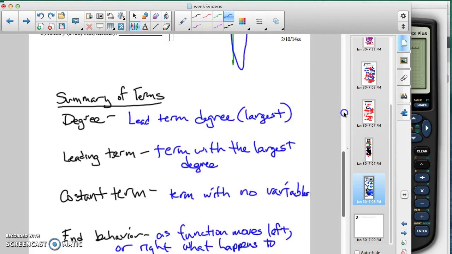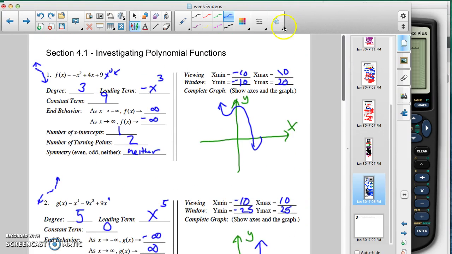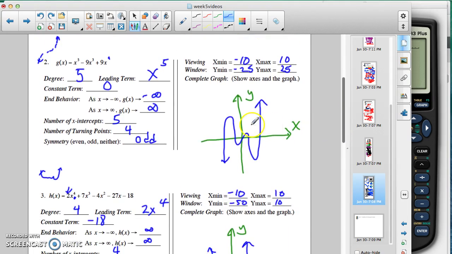And if we look at these examples up here, you can see this one had a degree of 3, and we had 2 turning points, 1 less. Although we didn't have 3 intercepts, that didn't match there, we only had 1. But at least on this one, it actually matched the maximums. We had degree 5, and we had 5 intercepts, and we had 4 turning points.